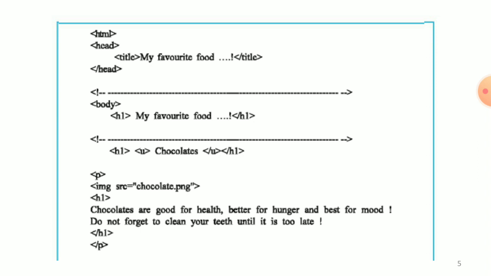Comment, and then h1, u, chocolates, and slash u and slash h1. Paragraph p, image src equals to chocolate.png. That means the use of image file is a chocolate and the extension is a png format.